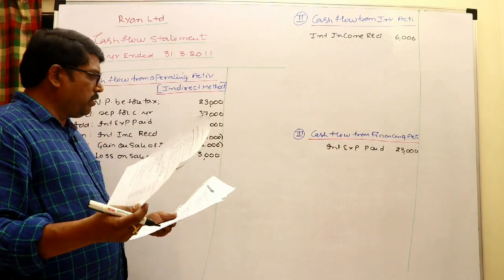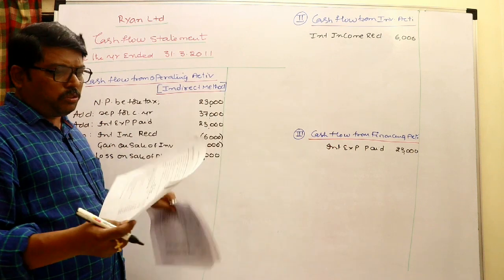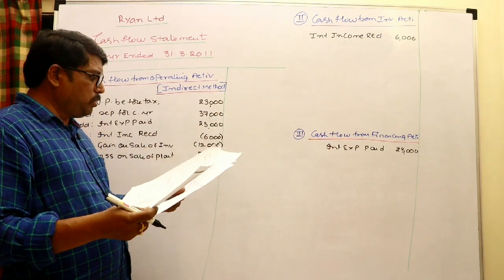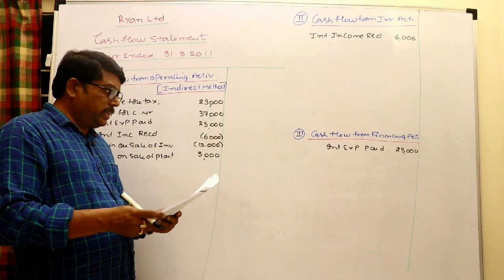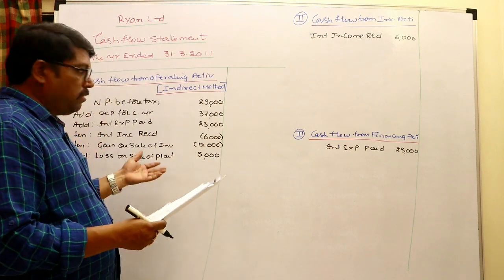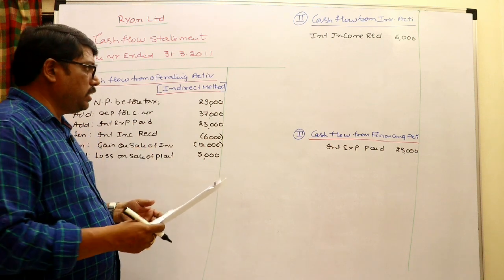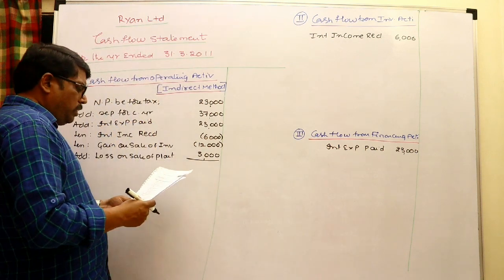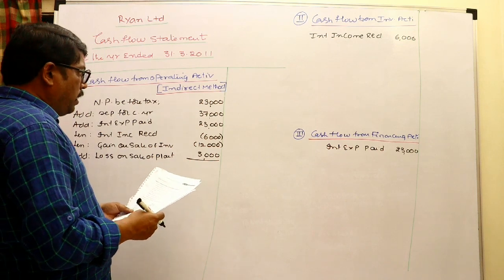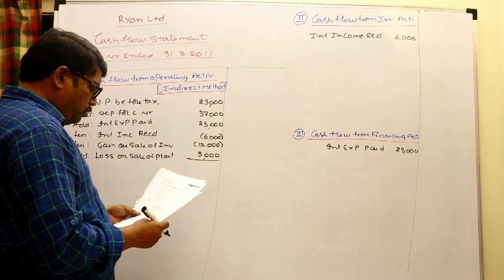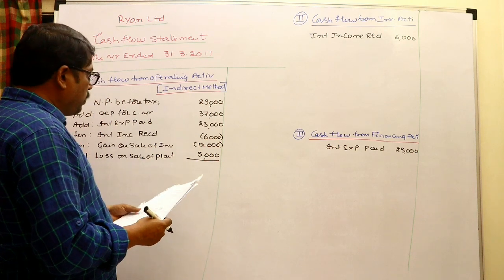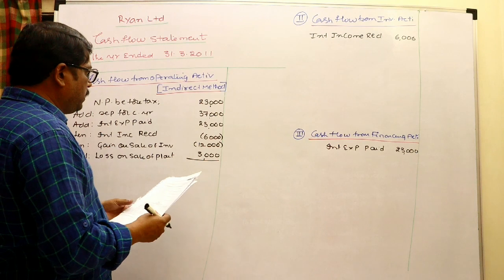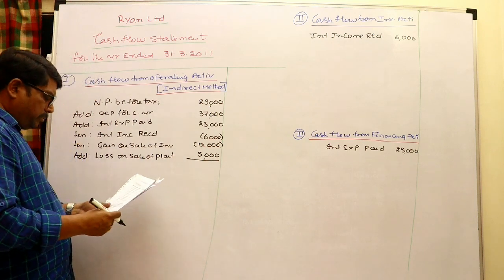I said that provision for tax actually should be added and tax paid should be deducted, but provision for tax need not be added because I have taken before tax, only tax paid should be deducted later. Okay, I can reduce later, but I have to consider here the change in working capital. So whatever the result is here, totally 6 items are here.